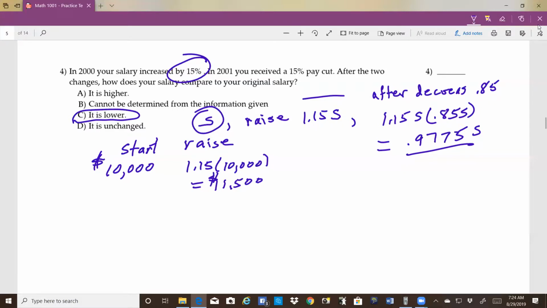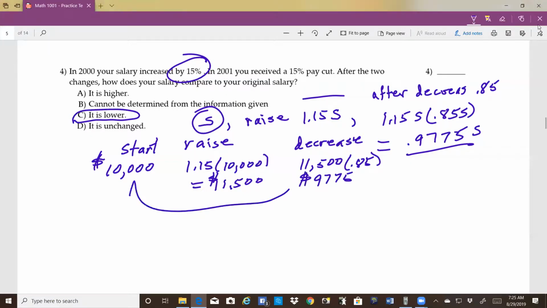And after the decrease, he's making 11,500 times 0.85, which is $9,775, which of course is less than the original amount.